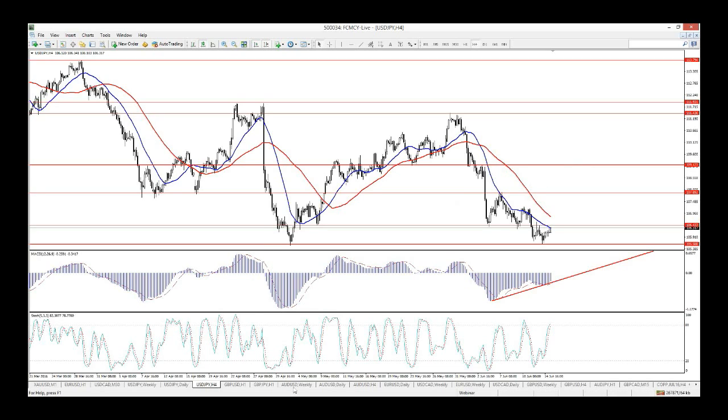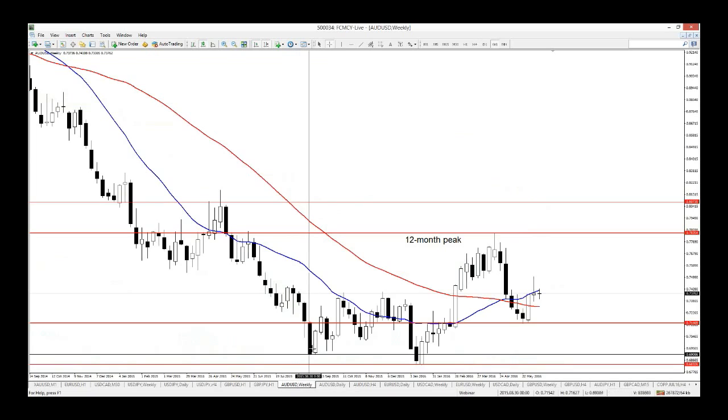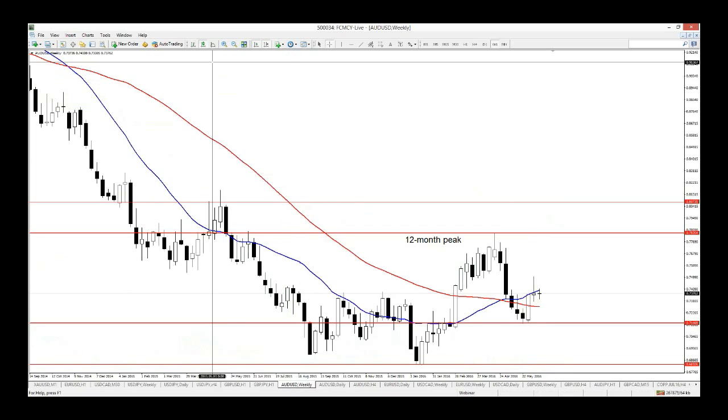The next currency pair is the Aussie USD that I'm going to talk about and analyze. We can see that the Aussie USD has gone down from 0.7835 to 0.7146. That happened during the time when the RBA has been dovish.